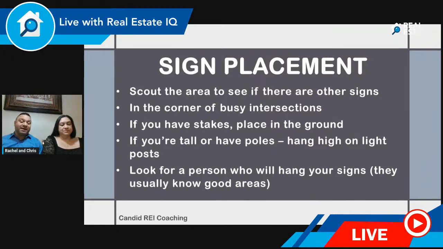If you see a lot of signs, that could be a good thing because you know that no one takes them down, and you leave them there longer. The longer they can stay out there, that's really the goal. Place them at the corners of busy intersections. We all know, driving to work, driving from work, driving to other places, we're at stoplights all the time, right?